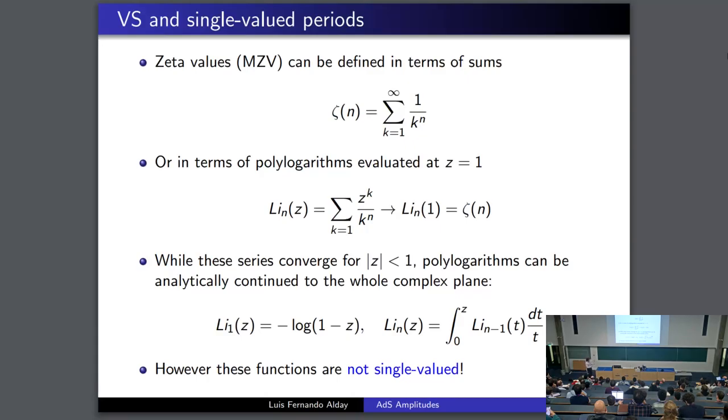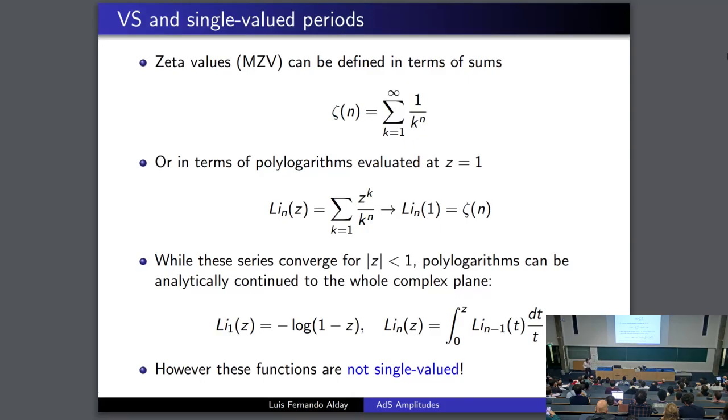And as we know, the usual logarithms have a branch cut from 0 to minus infinity, and this is a problem, okay? Now, we physicists don't care so much about this, but it turns out that mathematicians hate functions which are not single valued, okay?